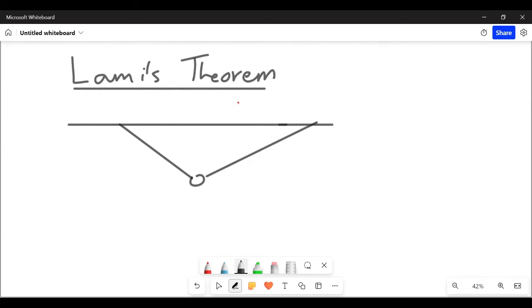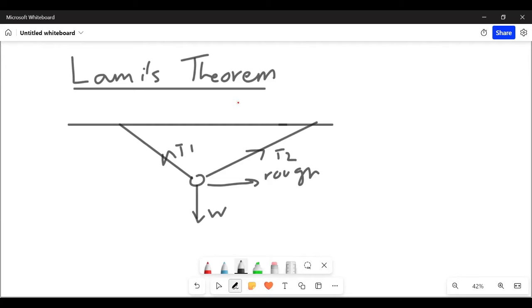Let's say the string is rough. Then this would be T1, this would be T2, and this is the weight acting on the object. Sorry, the downward weight of the ring.